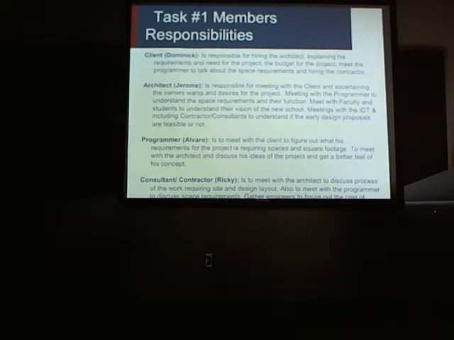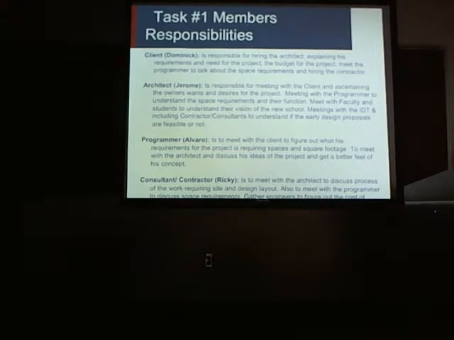To meet with the architect and discuss his ideas of the project and get a better feel of his concept. So it seems like the building has a concept and it's been kind of a preliminary schematic kind of design before the programmer gets involved. Is that right? Not really.